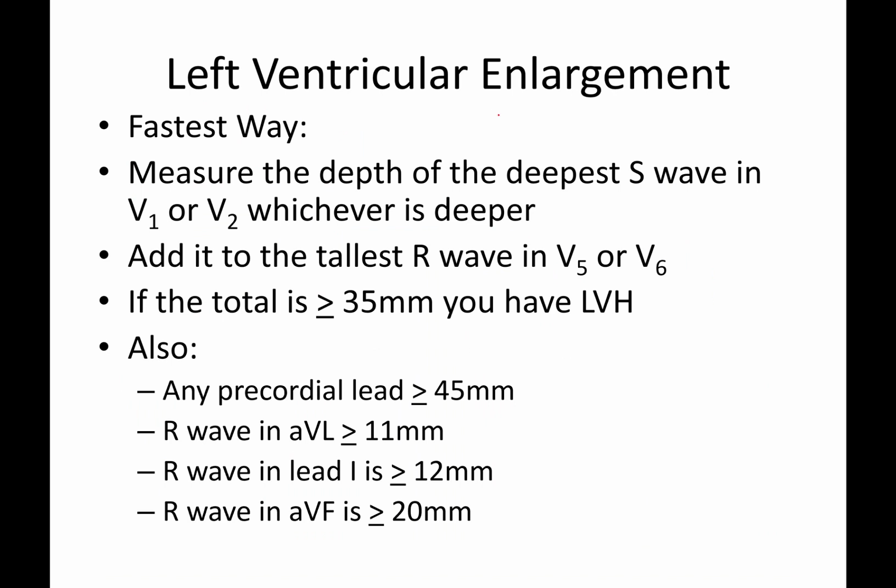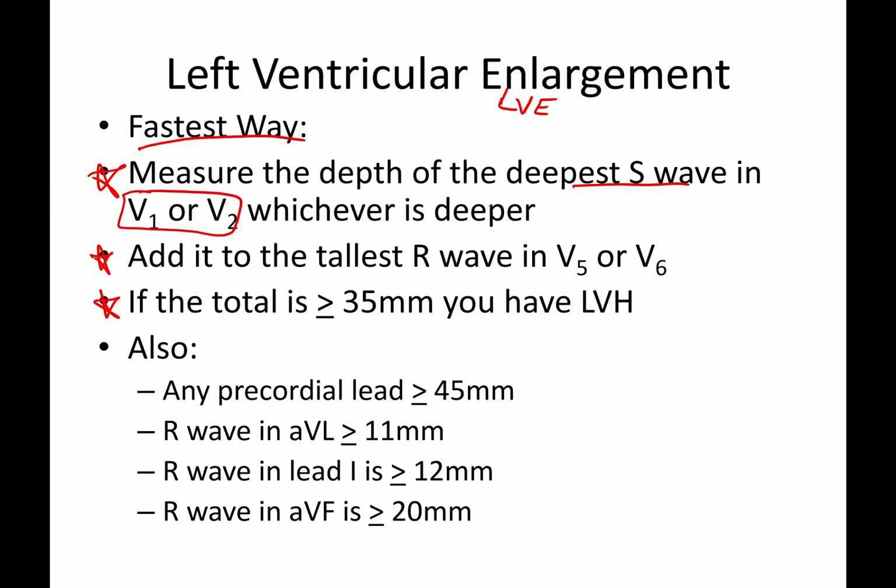So, left ventricular enlargement. The easiest, fastest way to do it is right here. These 3 little steps. You look at V1 or V2, deepest S wave, which will make a lot of sense because they'll have a pretty large S wave.